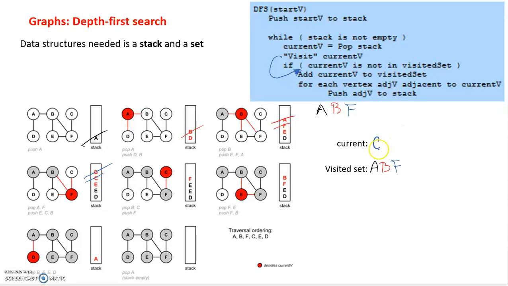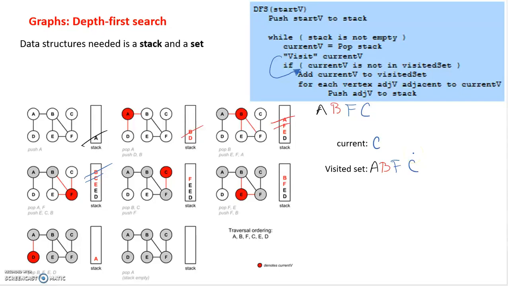C will be the value of the current vertex. Is C in the visited set? No, it is not in the visited set. You visit it by printing it and place it in the visited set. There's C. And then for every vertex adjacent to C, push it on top of the stack.